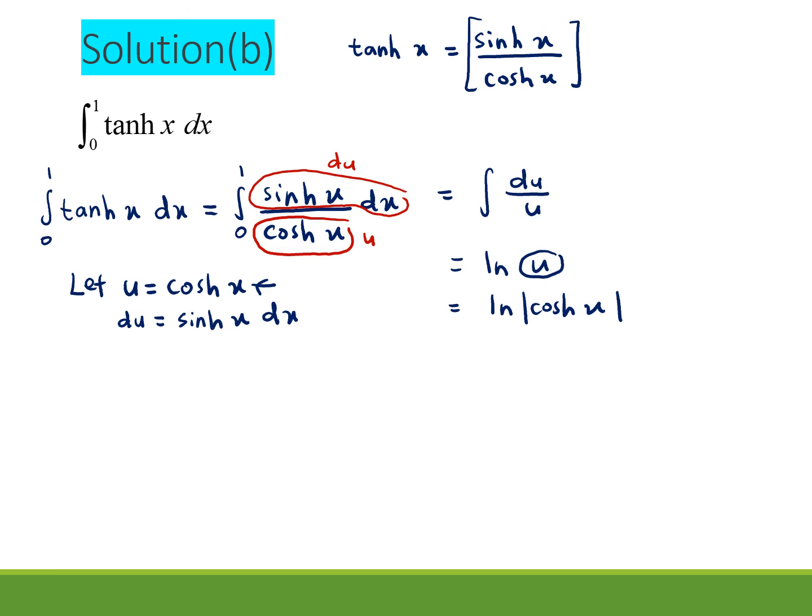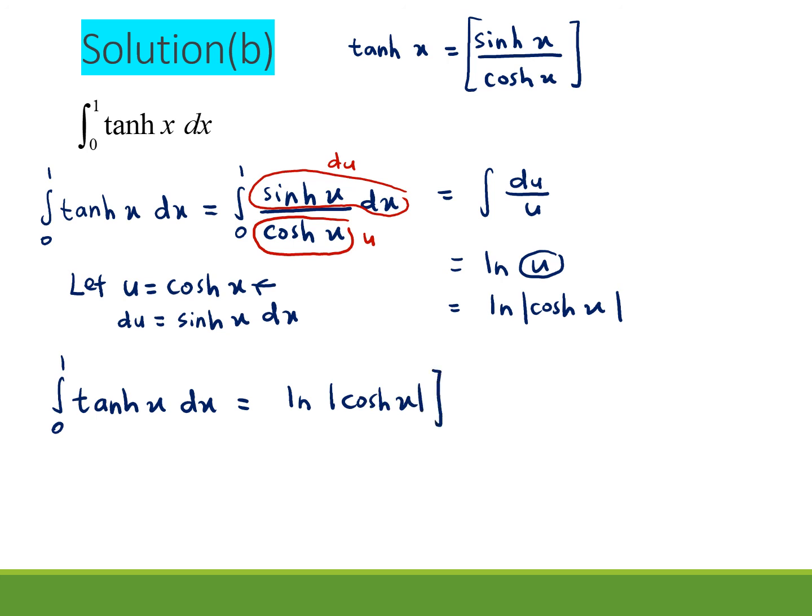Okay, now we have solved the integration of tangent hyperbolic of x. The next step is to substitute into the interval. So I will just rewrite this, where we know that the integration of tangent hyperbolic x is ln cos hyperbolic of x.